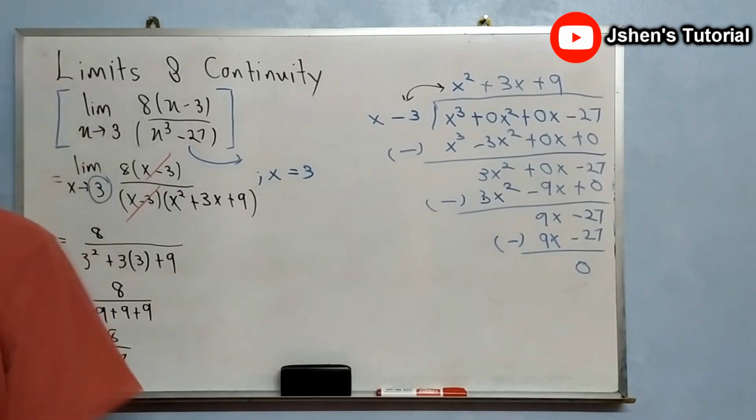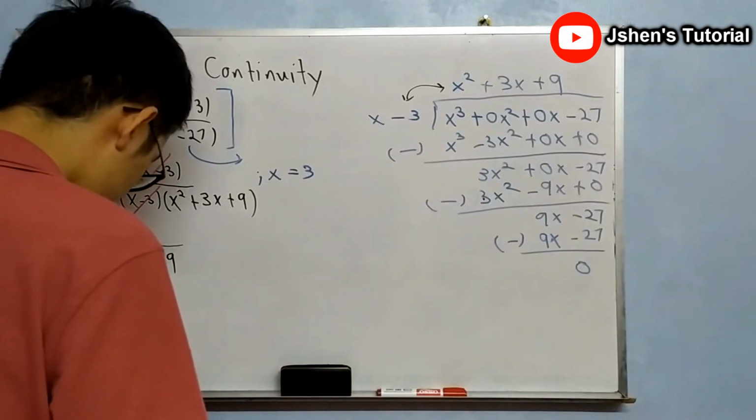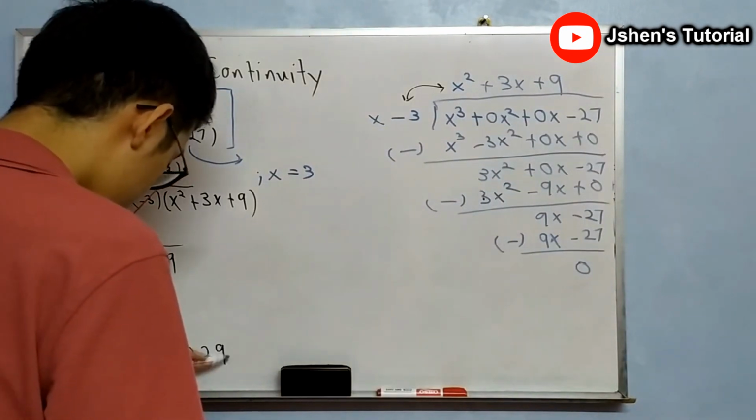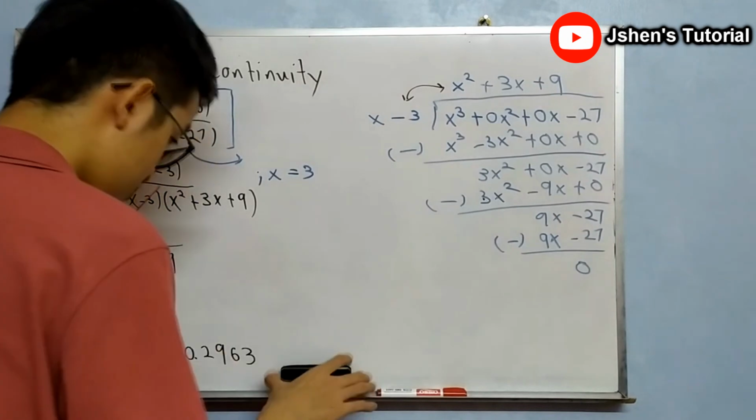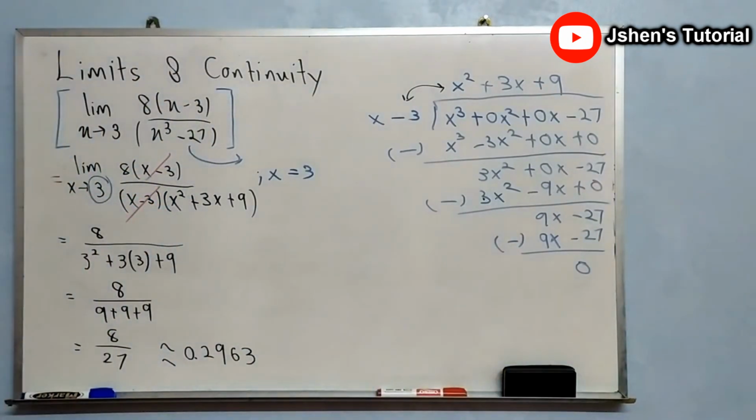If you would like to leave it in fraction form, it is okay. But if you would like to leave it in decimal places, for me, I will prefer 4 decimal places in order to obtain an accurate answer.